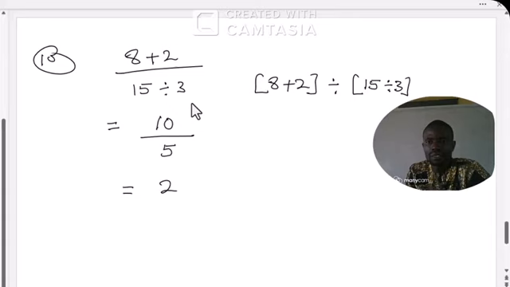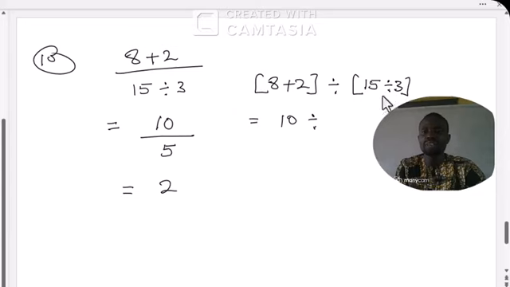So you clear the brackets. In the bracket, you have 8 plus 2, this is 10. Then divided by this bracket, we have 15 divided by 3, so it's going to be 5. Then 10 divided by 5 is 2.